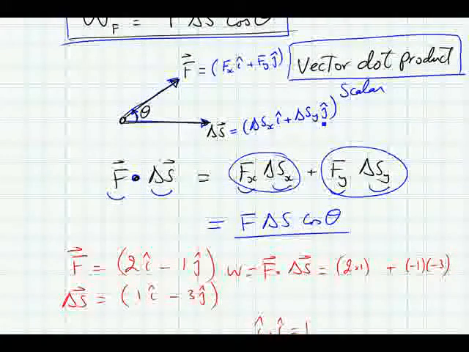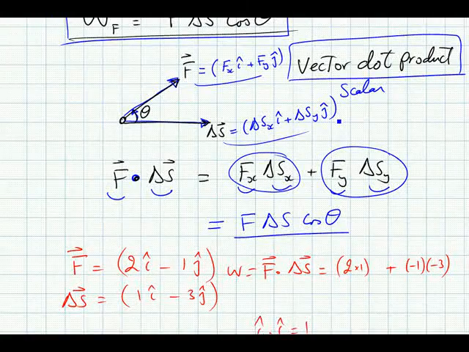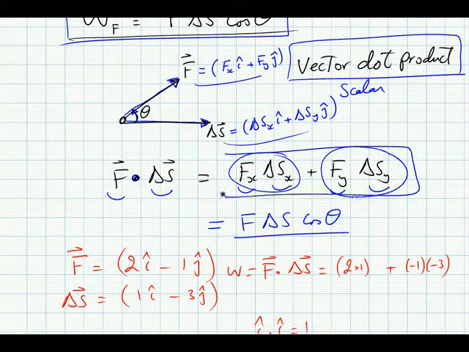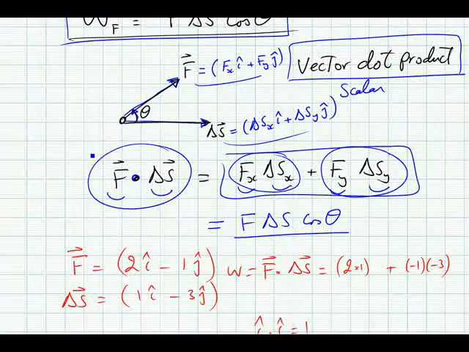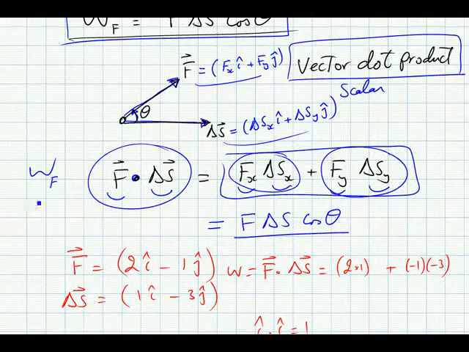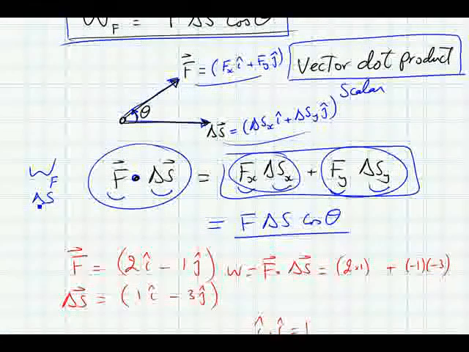So if the vectors are given in the unit vector notation, or you know the x and the y components of your vectors, so you don't know the angle theta, for example, then you can use this expression of the vector dot product to calculate work done by force F to displace the object through displacement delta S.